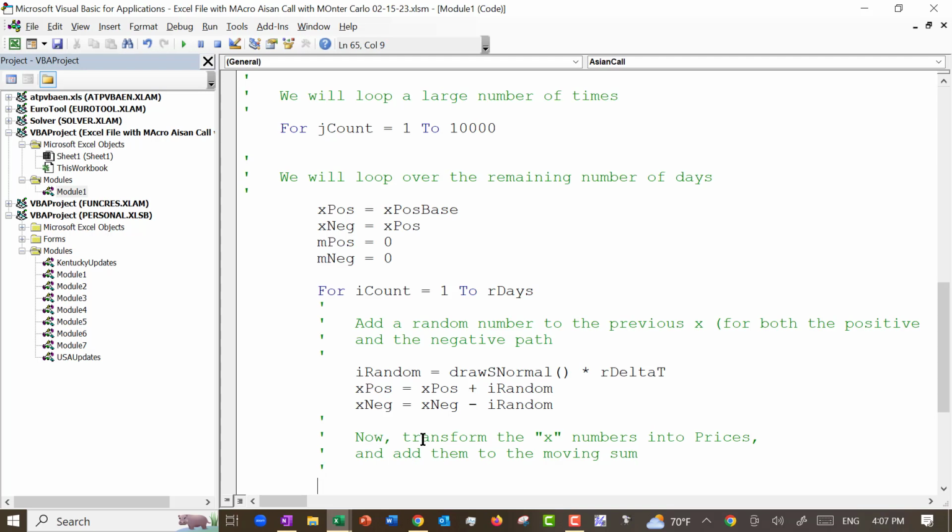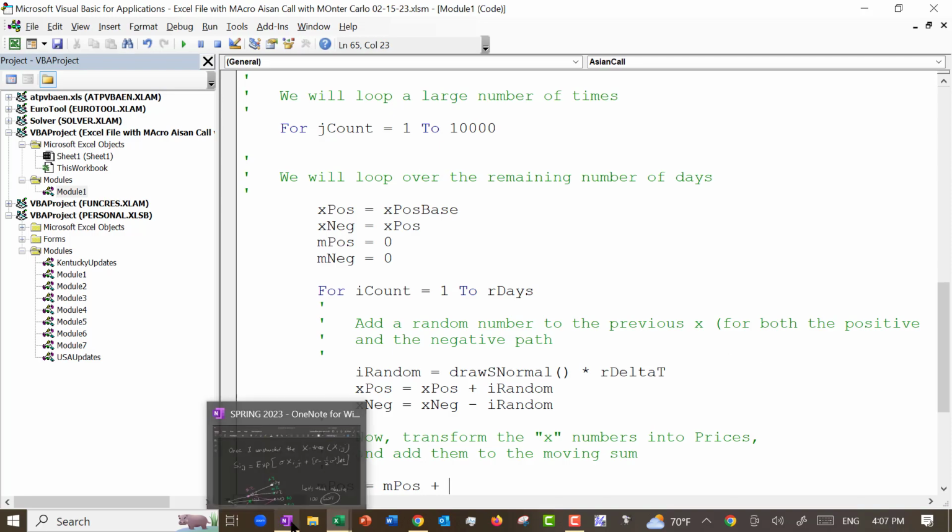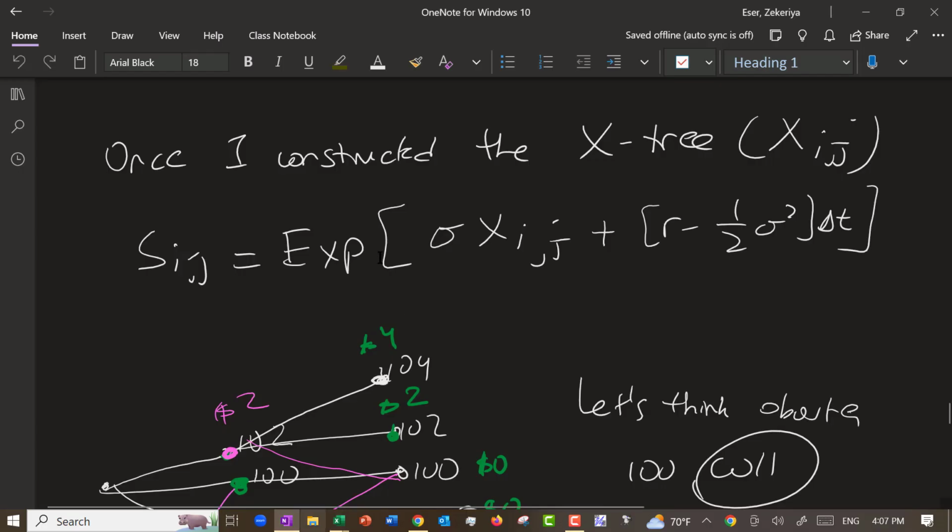Basically, I'm going to say the following. mPos plus, let's remember that function. We're going to do e to the power sigma times x plus r min 2 thingy times t, okay?